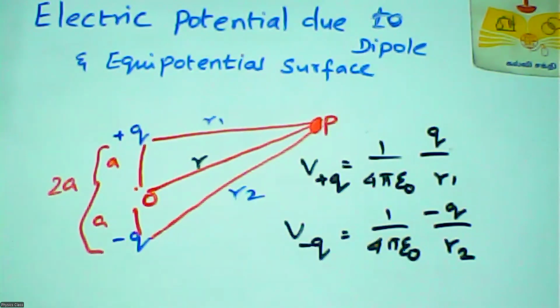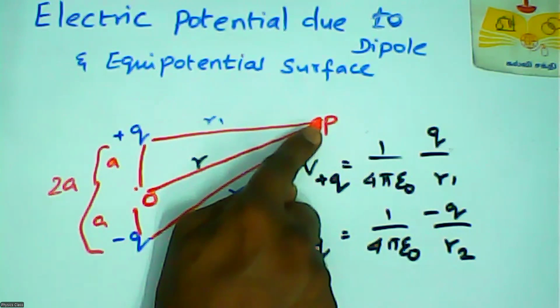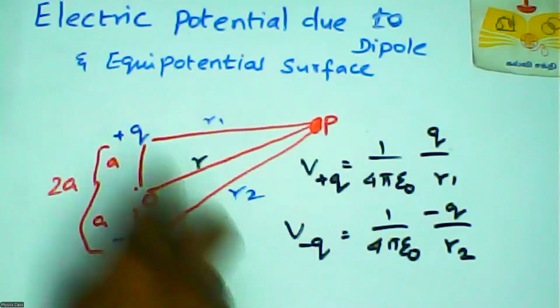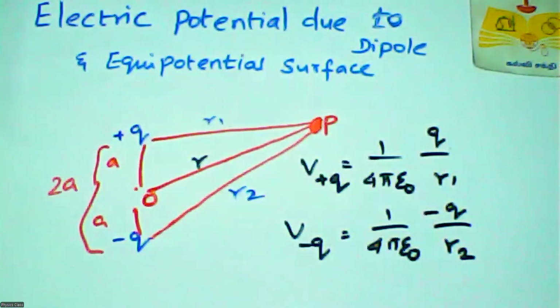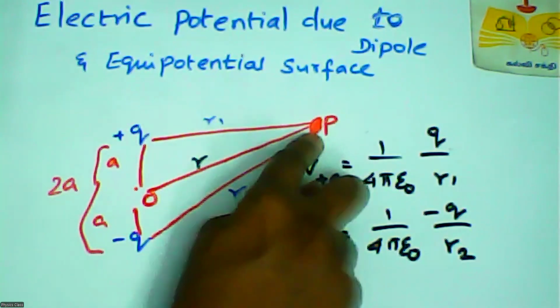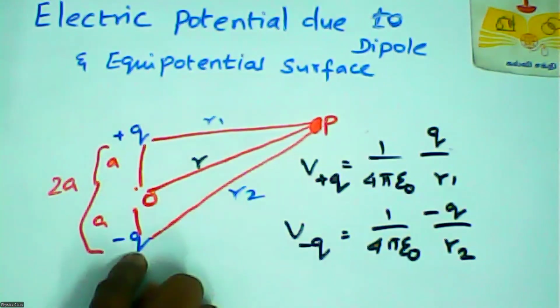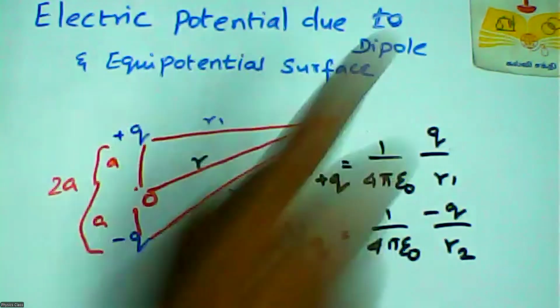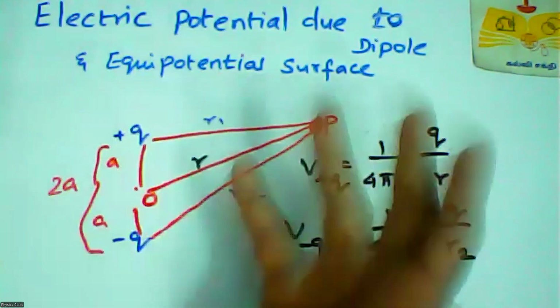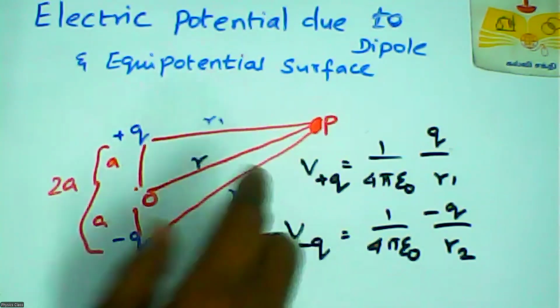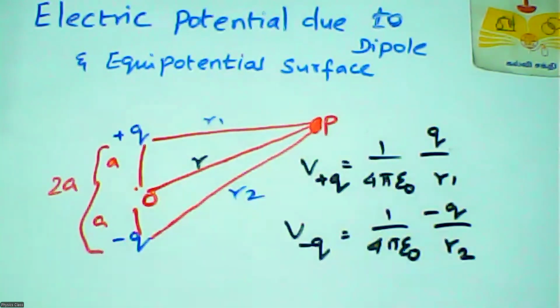But at point P, the total potential means the sum of these two potentials. Because this charge provides one potential, and if we place the second charge here, it also influences that potential, so the potential may increase or decrease. So the total potential means we have to add these two potentials.